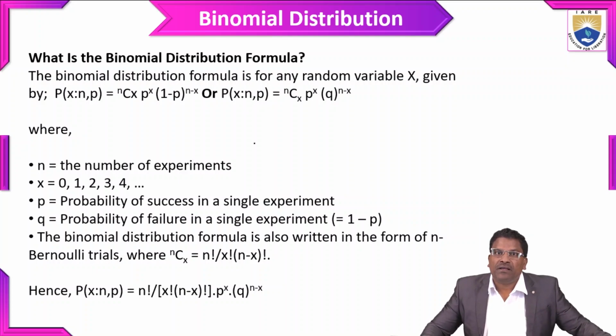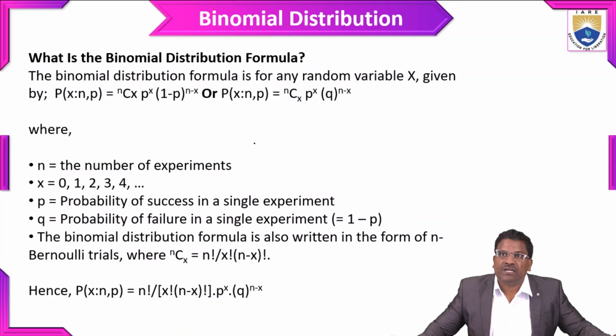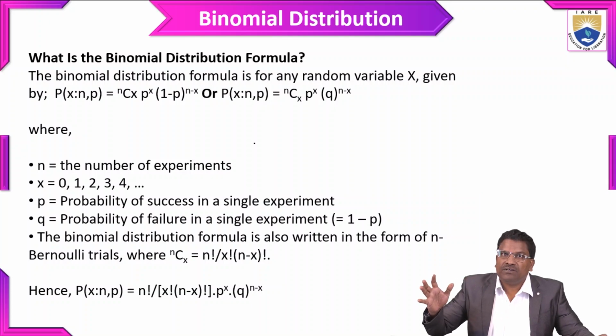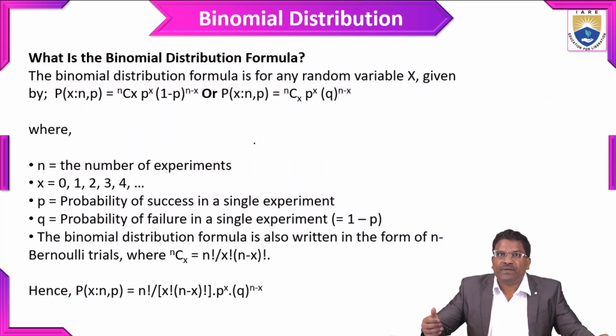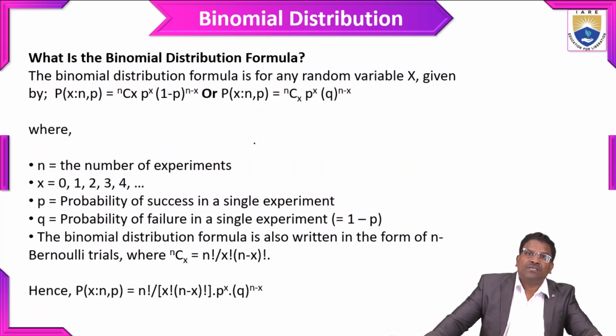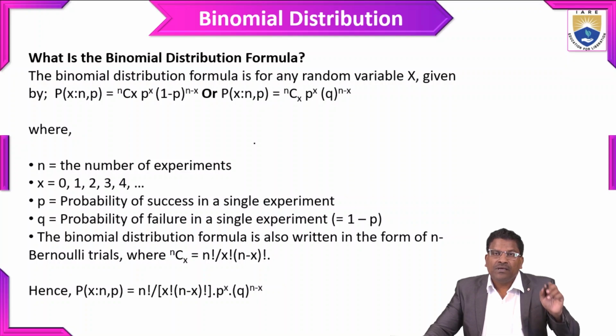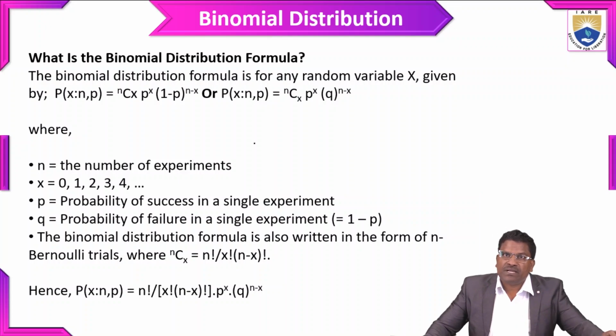The binomial distribution formula for any random variable x is given by the probability of x, with n number of trials and p the success probability, P of x and p is equal to nCx, where n stands for the number of trials, combination of x number of successes, p to the power x, success probability to the power number of successes, into 1 minus p, failure probability, to the power n minus x, number of trials minus number of successes.